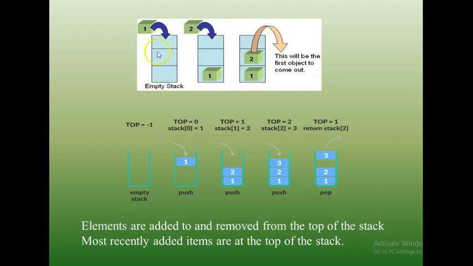So if it is 3, then the indices are 0, 1 and 2. If we define max as 3, max is the size of the stack, then the topmost index will be max -1, because we are beginning the indexing from the value 0.